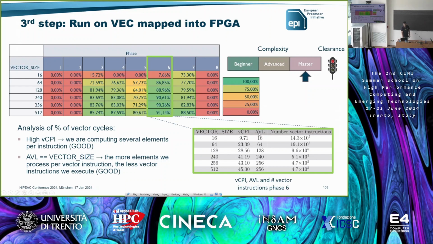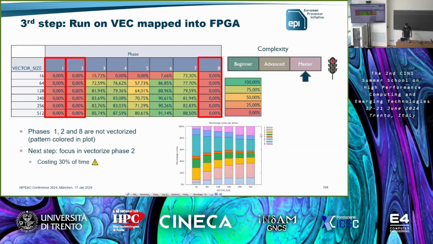Let's check this column: it is AVL, average vector length. You see, it is going exactly like the vector size. So the average vector length, the number of elements that I use inside my vector, is increasing with this parameter of the application. That means something is good, because when I increase the vector size, I'm filling my vector better and better, so I'm getting more and more performance.